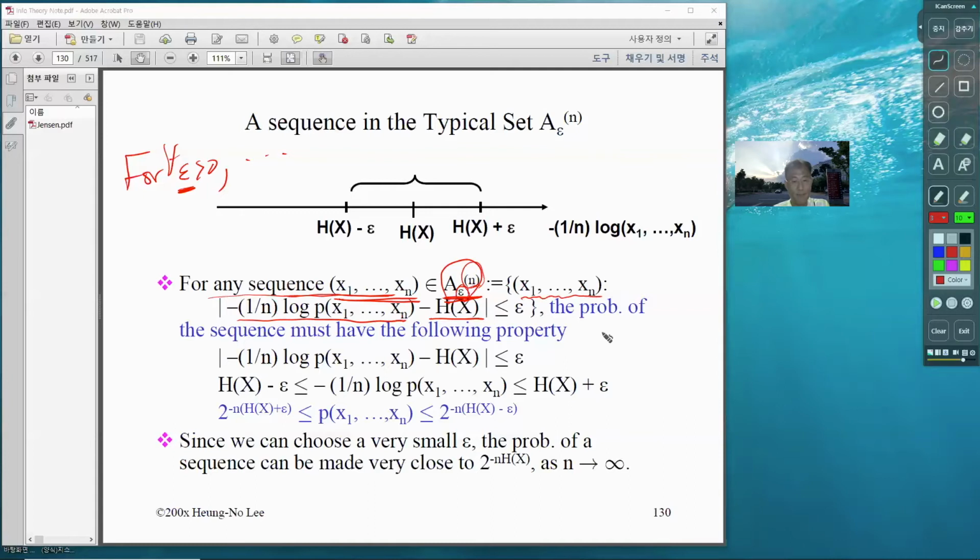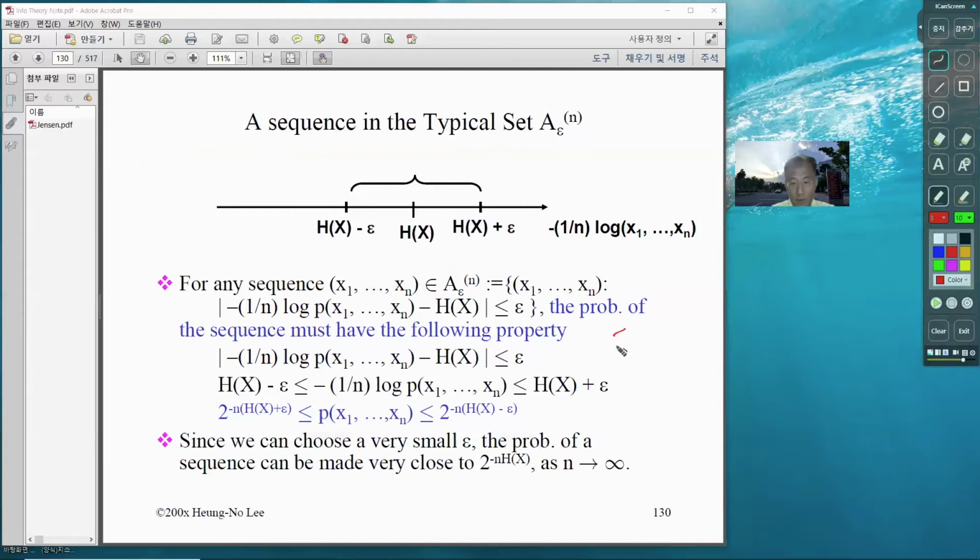What is that? Basically, considering this condition right here, that is the condition given upon the sequence x, okay? So that sequence must satisfy this relation, right? This condition, right?